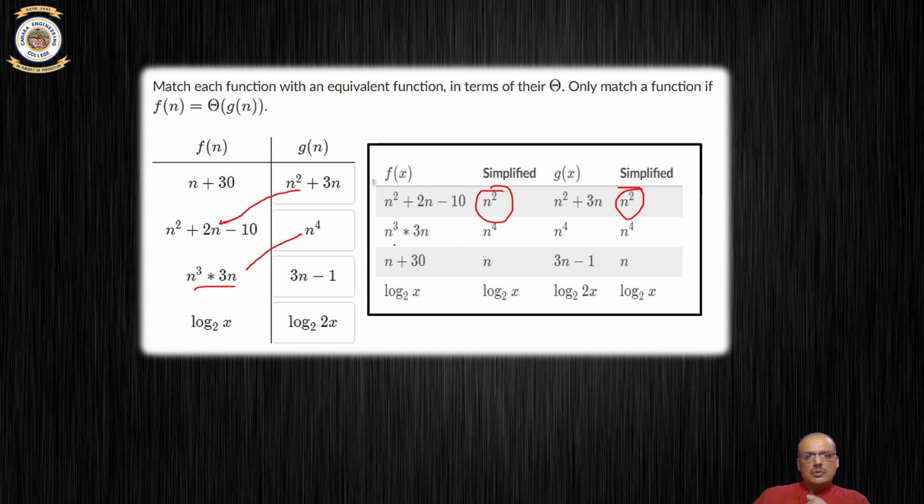Both of them have a big O of n raised to 4. And then finally we have this one. Both of them have a big O of n, and finally this is equivalent to this because both of them have a big O of log 2 of x.